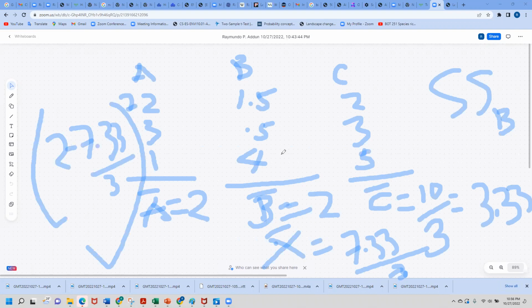And then for B, it's the same. It's 2. For B, it's also 2. I just write here. So you do that for A, B, and C. And for C, you get 3.33 minus the grand mean, 7.33 over 3.